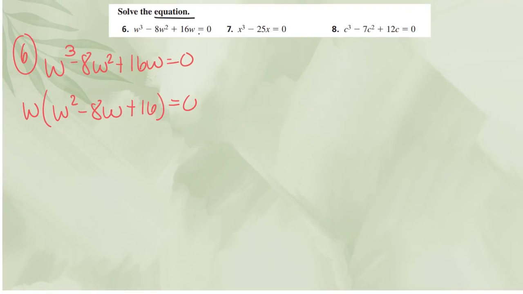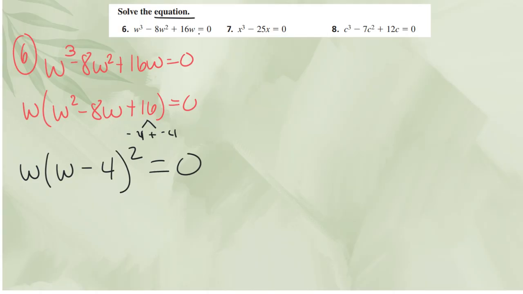So if I have C there as positive and the negative inside of B, what two factors multiplied together give me 16, but negative 8? It will be negative 4 plus negative 4, correct? That gives me positive 16. So my answer is going to be W times W minus 4 squared equals 0.